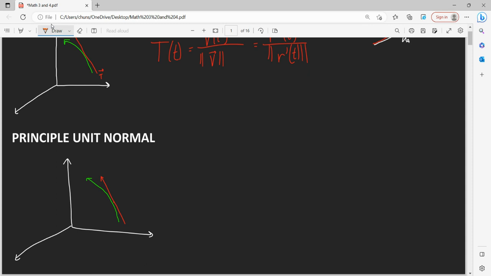We're at the point of tangency, so where the tangent line brushes the space curve. Principal unit normal will point perpendicular to the tangent line or tangent vector at point of tangency.